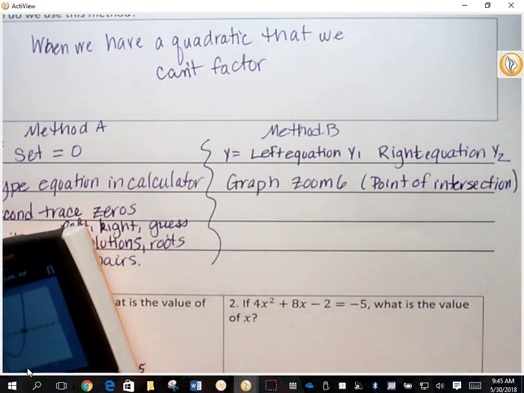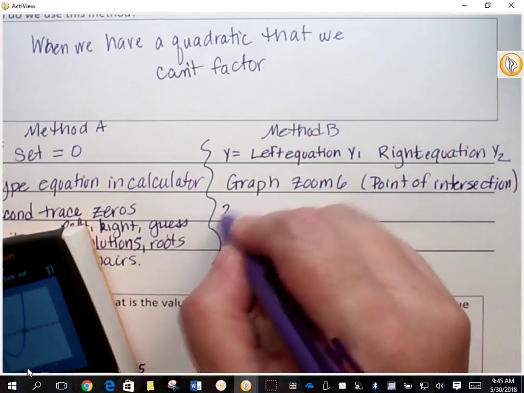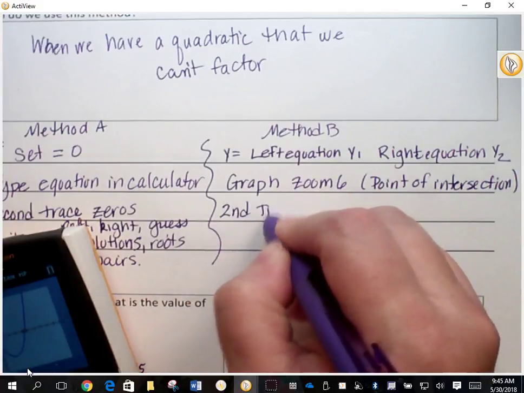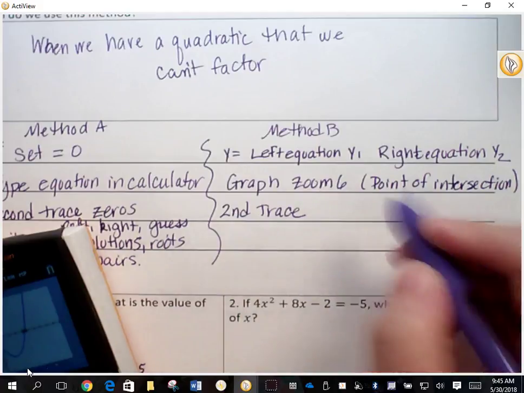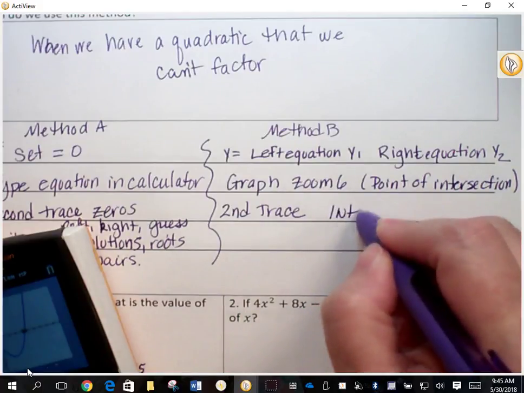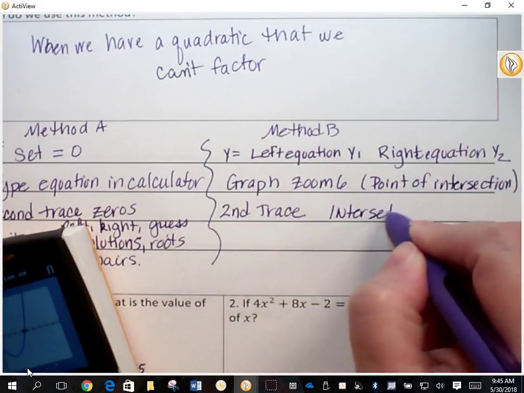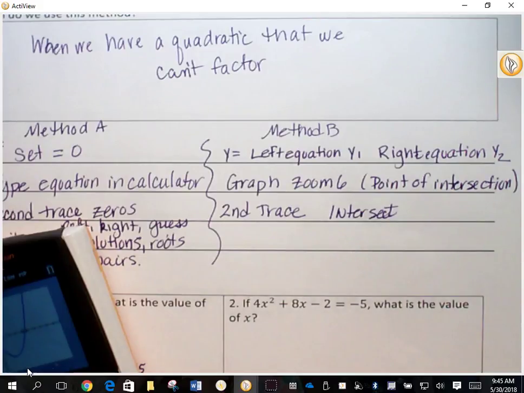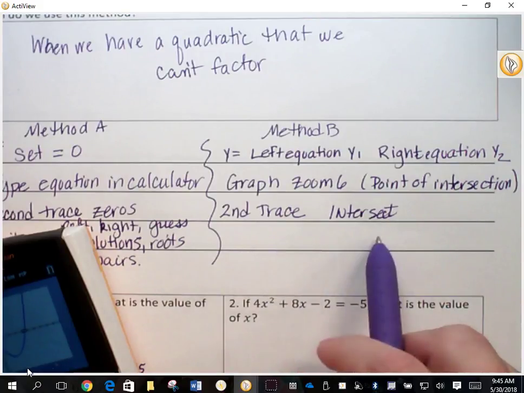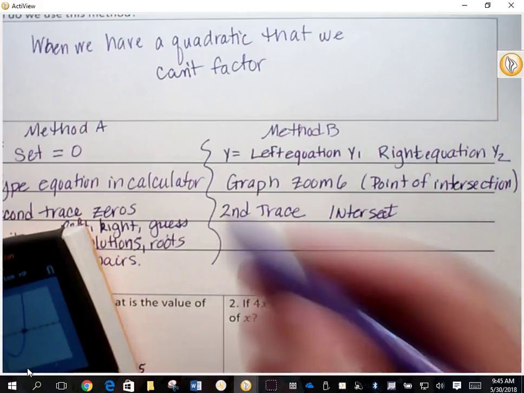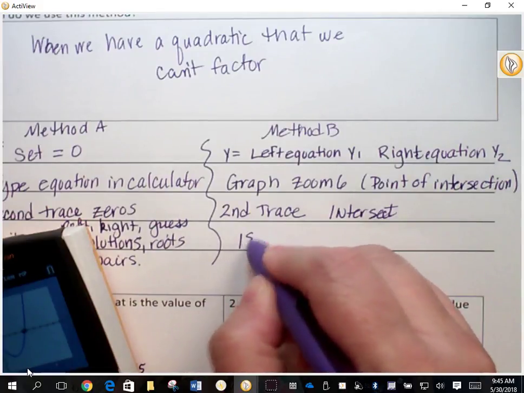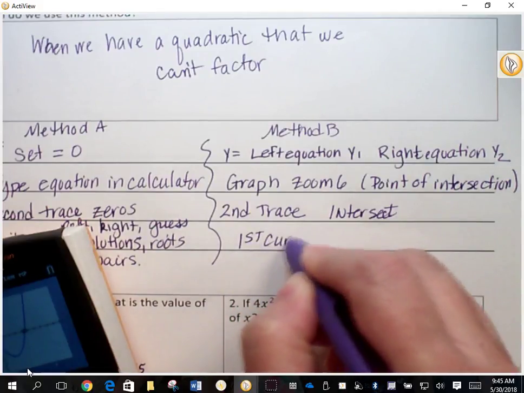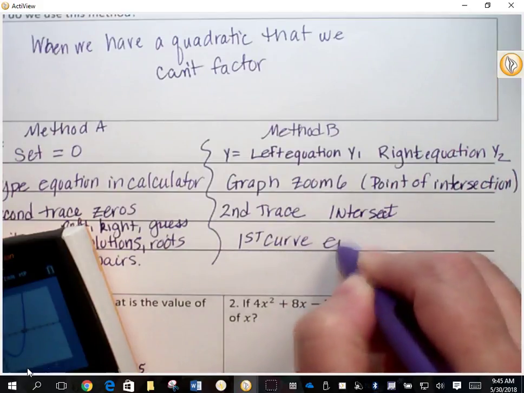So what we're doing then is we're going to go to second trace, but this time we're going to find the intersect. And when we find the intersect, it's going to ask us for the first curve, and we press enter.